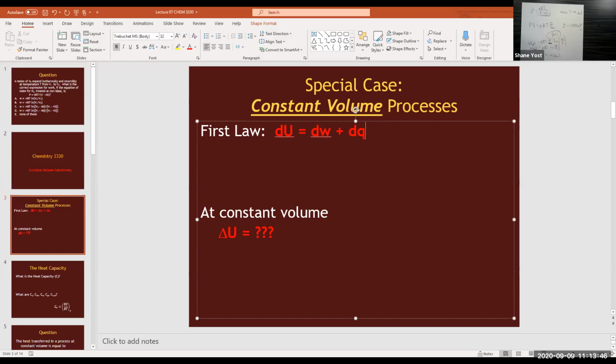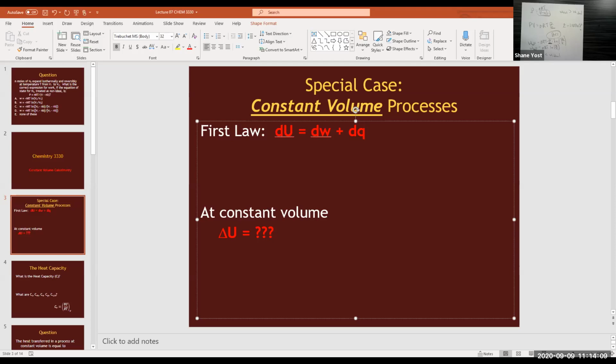Yep, just dW plus dQ. Now, on the slides online, I broke up work into expansion work and other types of work. We're just going to ignore other types of work for the entire class. So whenever we see work, we're essentially just talking about expansion work.